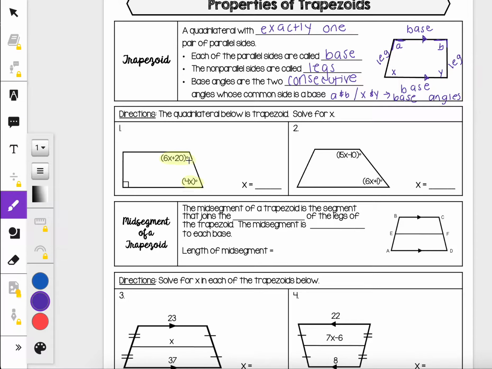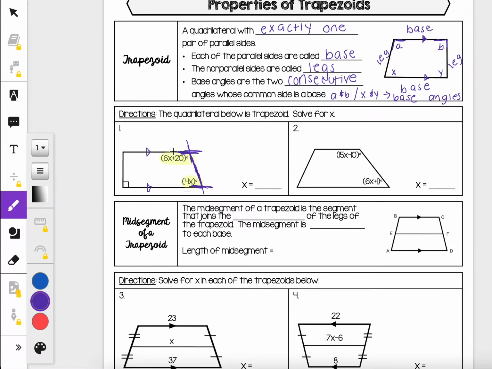Now, these angles are consecutive angles, but they are not base angles because the common side that they share, if I outline this angle here and this angle here, is a leg, not a base. So if I look back to my definition of trapezoids, I know that this side is parallel to this side. So I have my parallel sides, and then I can think of this leg here as being a transversal.